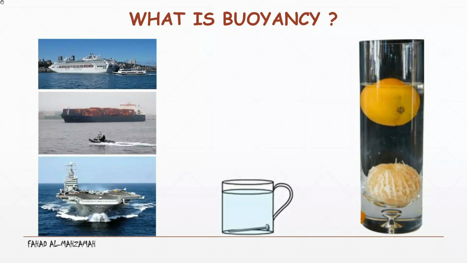Of course, we know that the orange with peel is heavier than the orange without peel. So if you take the peel out, if you peel it, it means that you are taking some mass out of it. Well, all of these questions are going to be answered by studying the buoyancy.